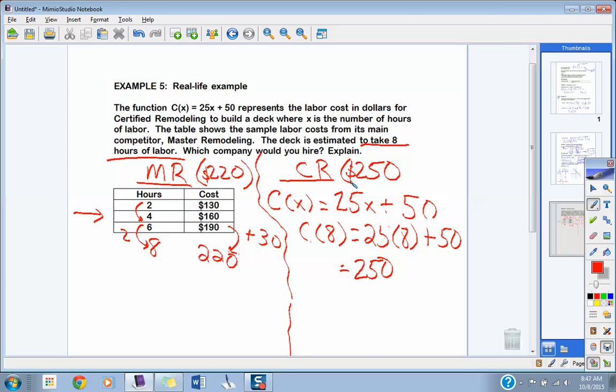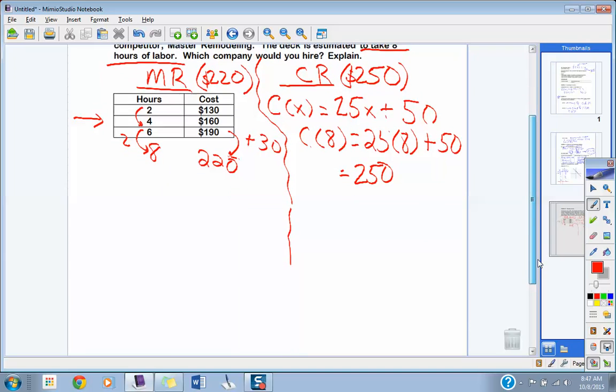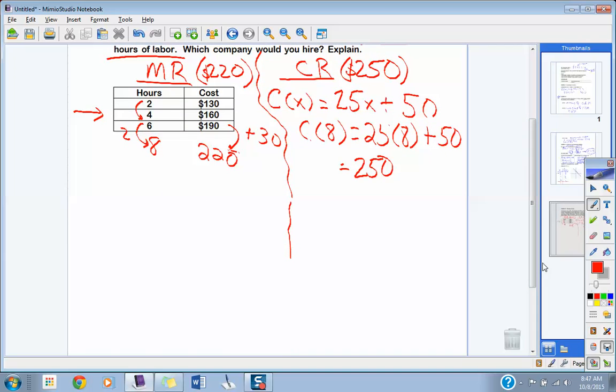So based on the labor cost by table or by function, which of these two companies do you probably want to choose? And why? I'm going with Master Remodeling because they can do the same job for less. Okay, so choose Master Remodeling.